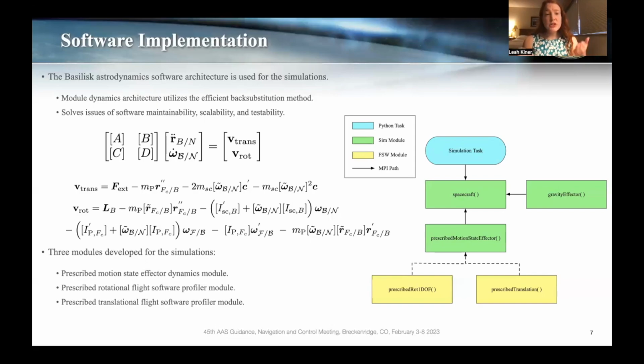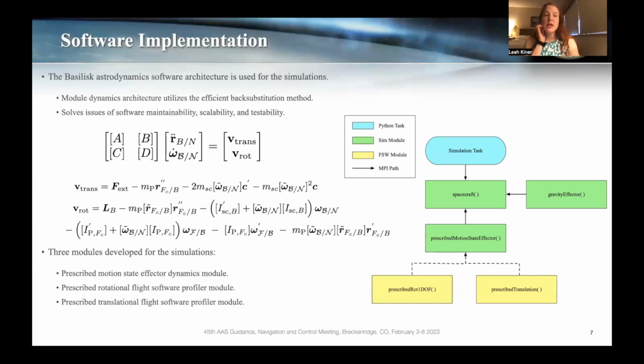So we can directly see here that the states of our prescribed body are directly impacting our hub's accelerations. However, because we have these zero ABCD matrices in our system mass matrix, we have a one-way coupling here, and the motion of our hub is not impacting the motion of our prescribed body.